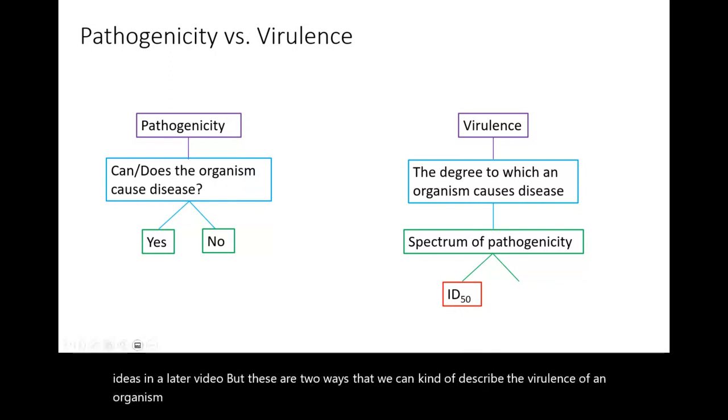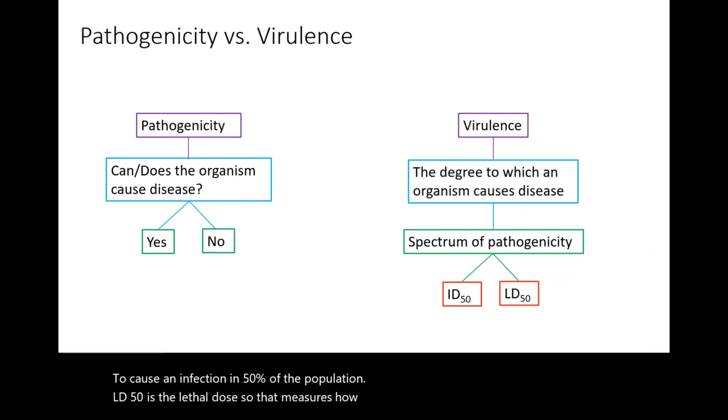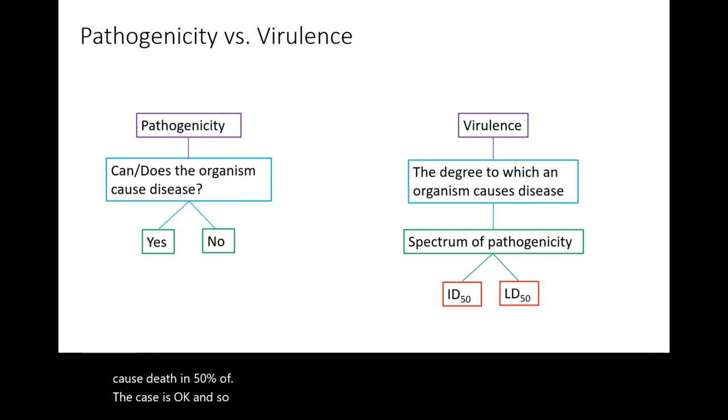The ID50 is the infectious dose, or the number of microbes required to cause an infection in 50% of the population, okay? LD50 is the lethal dose. That measures how many microbes must get into the body to cause death in 50% of the cases, okay? And so you can use these numbers to rank the pathogens.